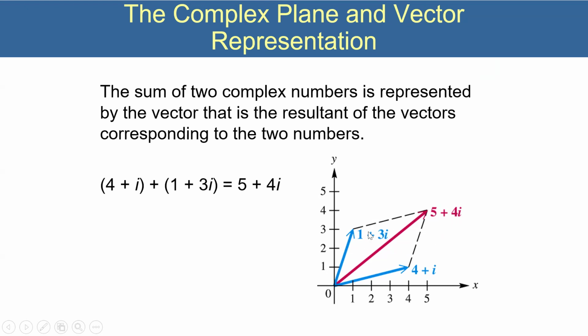For example, I have 4 plus i, graph it. Then I have 1 plus 3i, graph it. Their combined solution is going to be 5 plus 4i. When you are adding, it ends up creating the diagonal of a parallelogram. Easy enough so far?